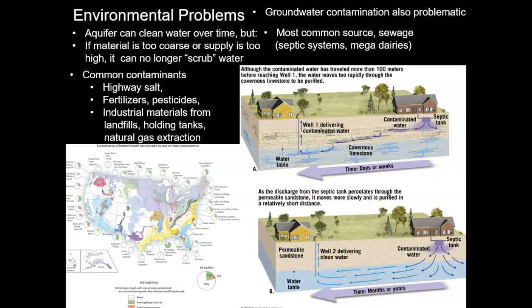Okay. The graph here in the bottom left of the slide is probably a little bit hard to see within this video, but if you open up the slides that are available to you, you can see a lot more detail within it. In there you can see the different aquifers in the US and how contaminated they are.